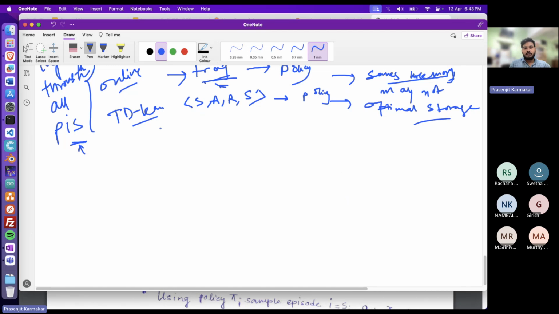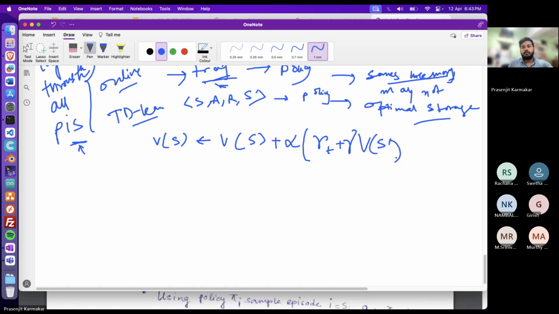So what was the update equation for TD(0)? V(S) was updated to V(S) plus alpha, the learning rate, times R_t plus gamma V(S prime) minus V(S). This was our update equation. Now, how can I do the same thing with a Q function? In a Q function, my state would also be associated with an action.